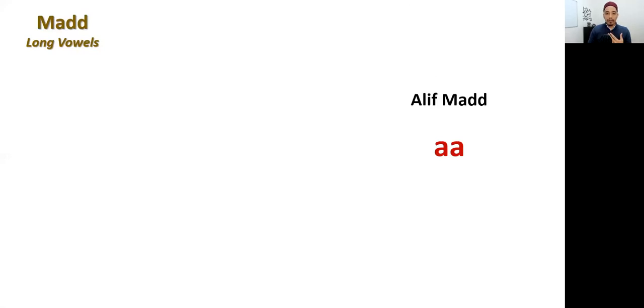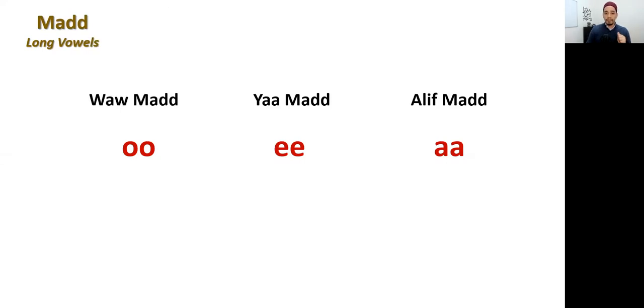So the a sound, which is an extension of the fatha, is called the alif mad. The e sound, which is an extension of the kasra's e sound, is called the ya mad. The u sound, which is an extension of the dhamma, is called the waw mad. Now you would see there's a repetition of the word mad.